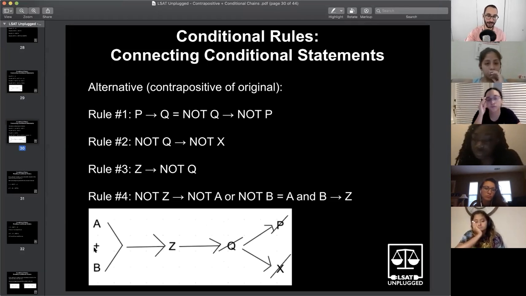So you see I'm breaking out the plus and the bracket here to say the two of those together being in, A and B together, form the sufficient condition. Together, those variables tell us that Z is in. If Z is in, Q is out. If Q is out, then both P and X are out as well.